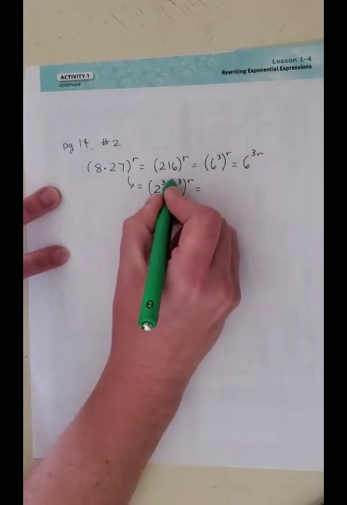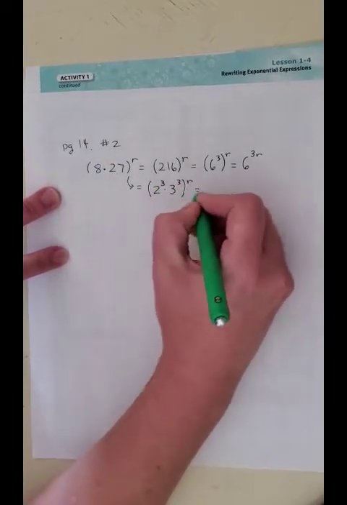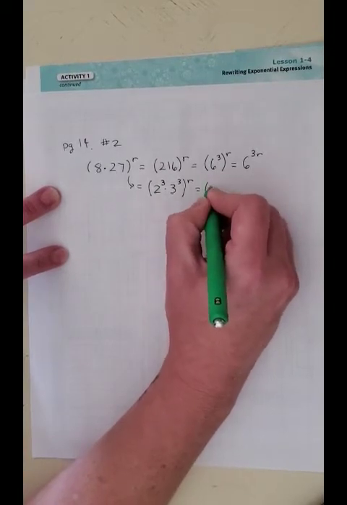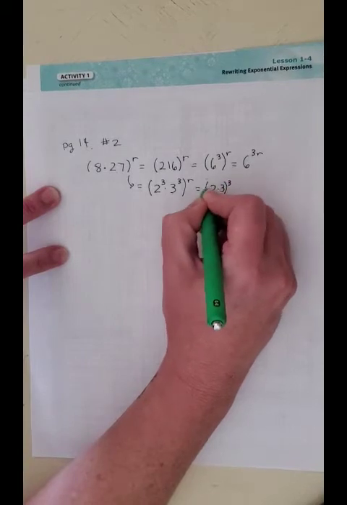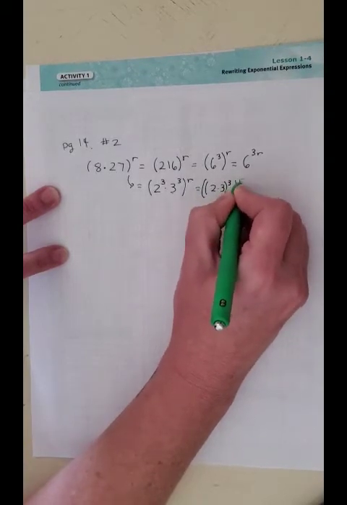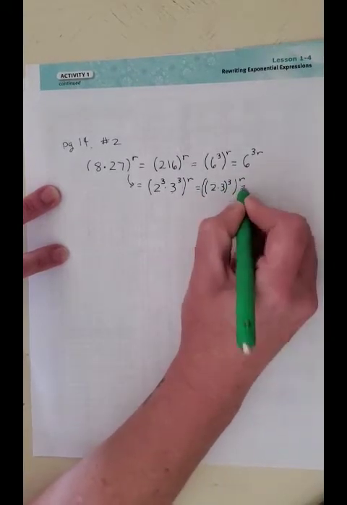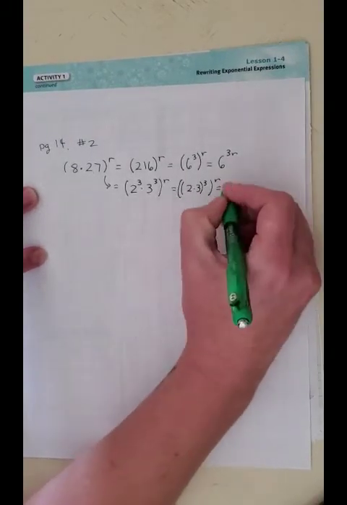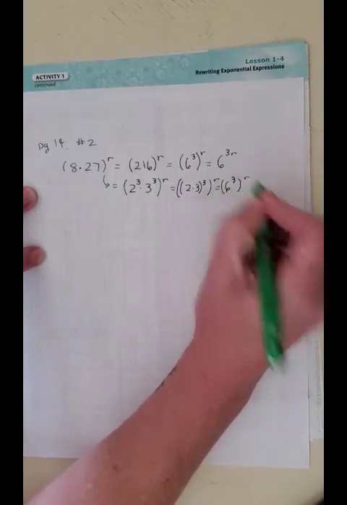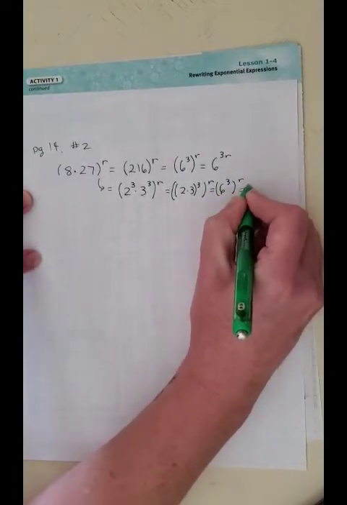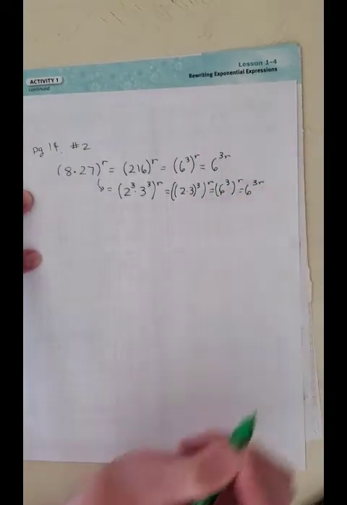And now, since they both have a power of 3, I could rewrite this as 2 times 3 to the third power, and then to the r power, and then that would be 2 times 3 is 6 to the third, and then to the r power, which is 6 to the 3r power.